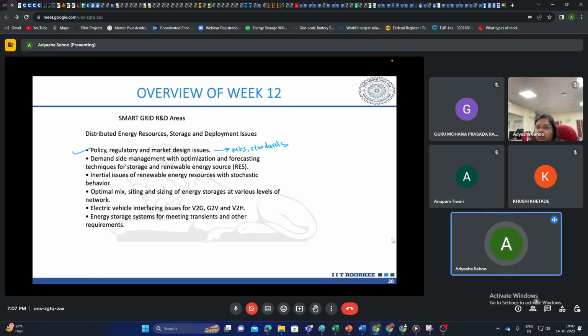Then demand side management with optimization and forecasting techniques for storage and renewable energy resources. So basically demand side management means controlling the demand or the load side, right? So controlling the operation of flexible loads through demand response activities.